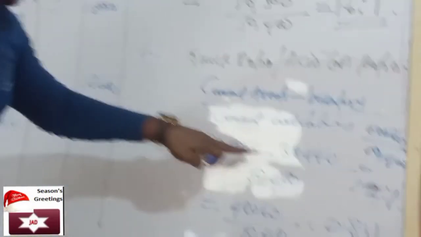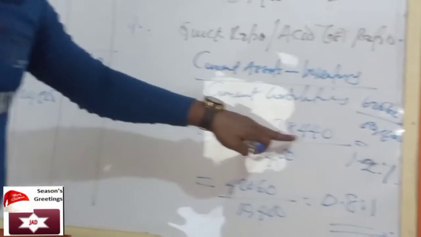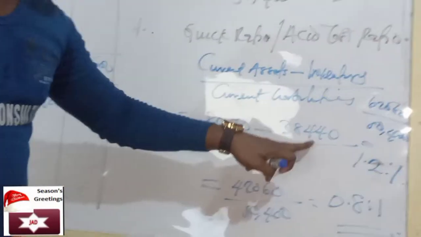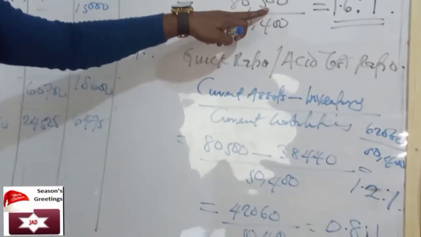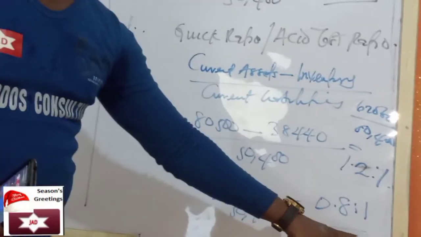If for instance we sell everything here, which is 38,400, it will become cash, and then the current assets minus inventory will be 80,500, which will make our acid test ratio change to 1.6 to 1.